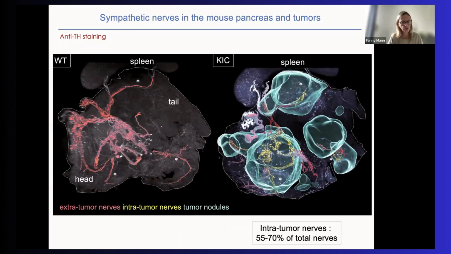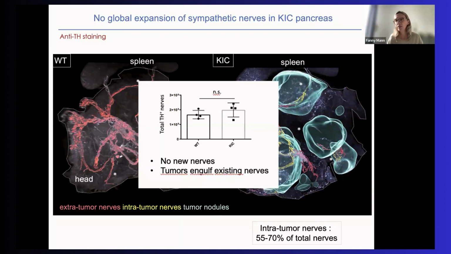In support of this idea, we quantified the total amount of sympathetic nerves in each pancreatic sample, and we haven't found any significant difference between the control and the KIC pancreas. So this confirmed that there are no new nerves formed during the development of pancreatic cancer, but just that the tumor engulfs existing nerves.